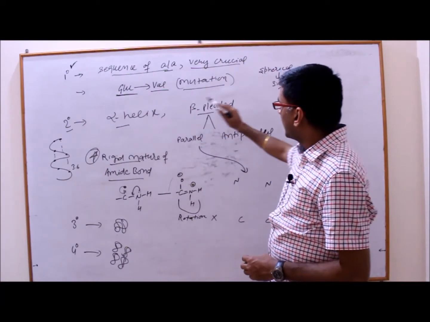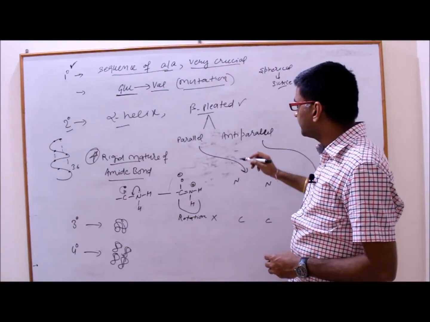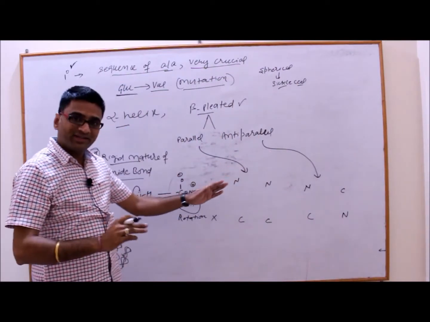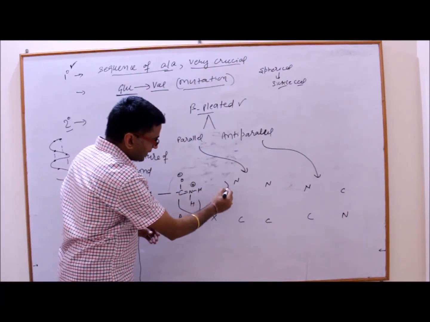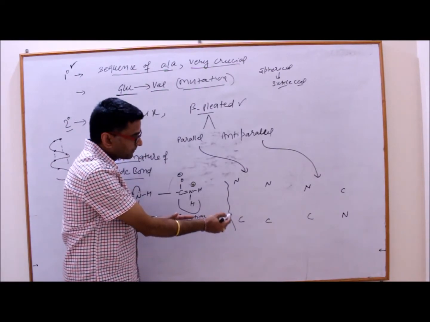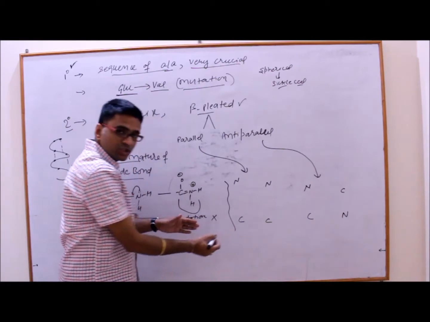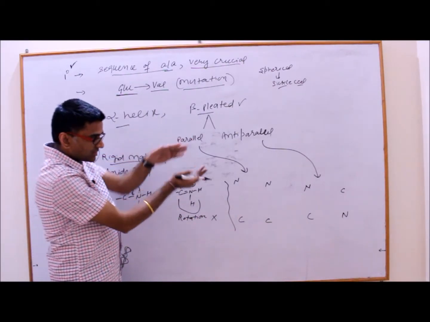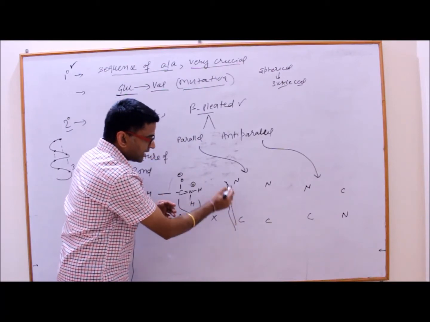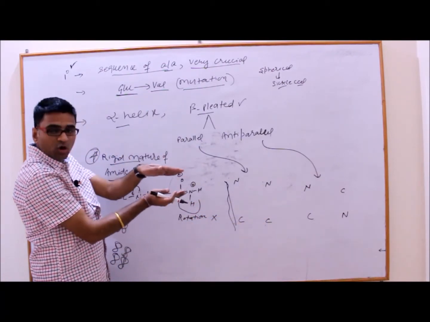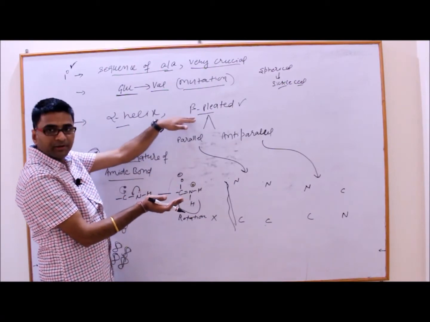And besides the alpha helix, we have the beta pleated sheet, which has parallel and anti-parallel sheets, which we have already discussed. One thing: when a peptide is formed it runs from N terminus to C terminus. So when two sheets are running parallel in the same direction, N terminus to C terminus, N terminus to C terminus, it is called a parallel beta pleated sheet.